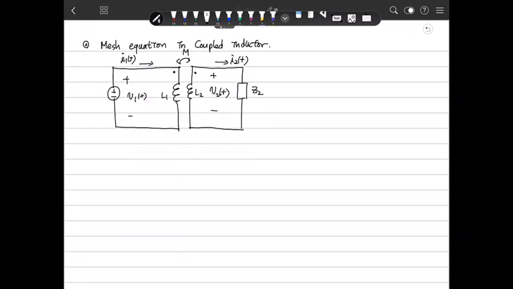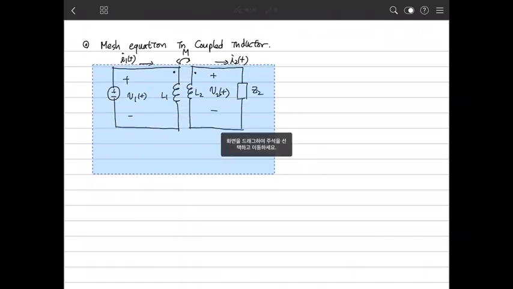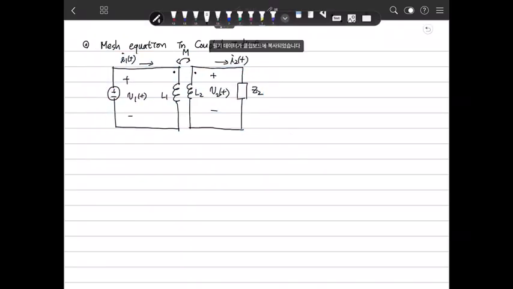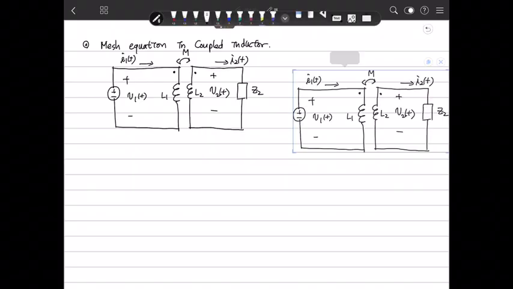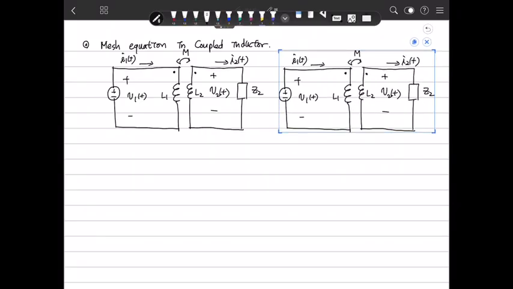And to solve this circuit, we can transform this into phasors. So we can do this with phasors, like that.